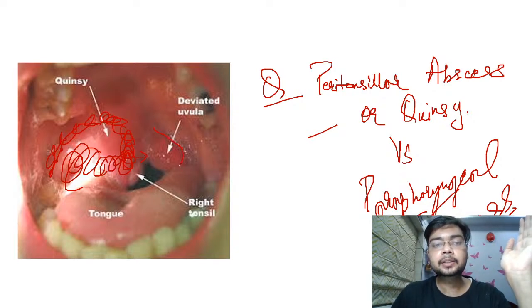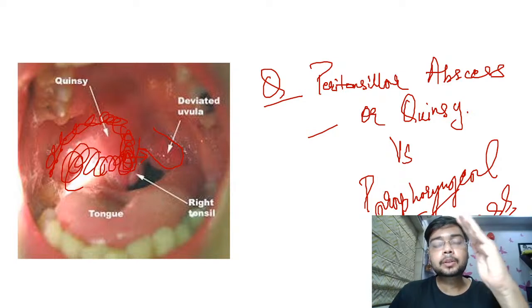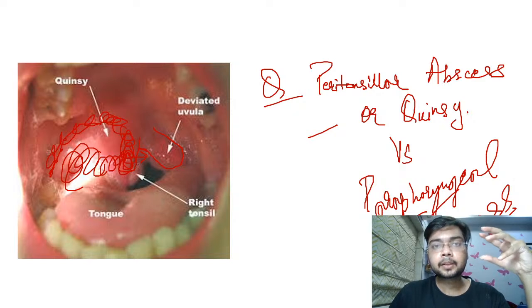So if you see, this is your deviated uvula. Usually the uvula lies in the midline, but due to the tonsils and the collection of pus in the peritonsillar space, the uvula is pushed to the opposite side. So there is deviation of the uvula.